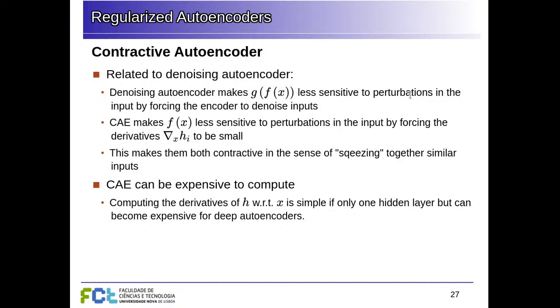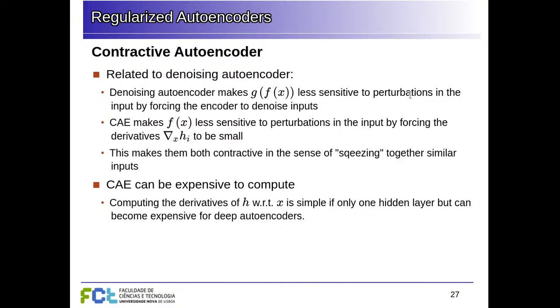Denoising autoencoder discourages being too sensitive to small perturbations because of the insertion of noise, which forces the network to try to ignore these small variations. Contractive autoencoder forces the derivatives of the activation with respect to the inputs to be smaller.